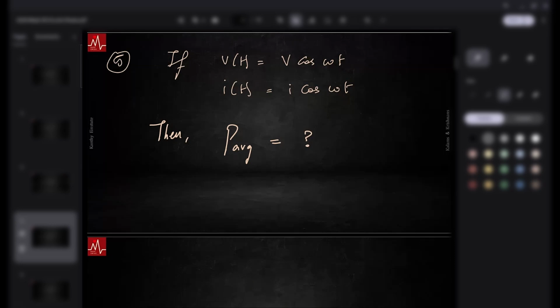Shri Krishna, what do you think is the answer for this? So now you shifted your position. I'm telling you, these are same frequencies. This is the n equals 1 case.